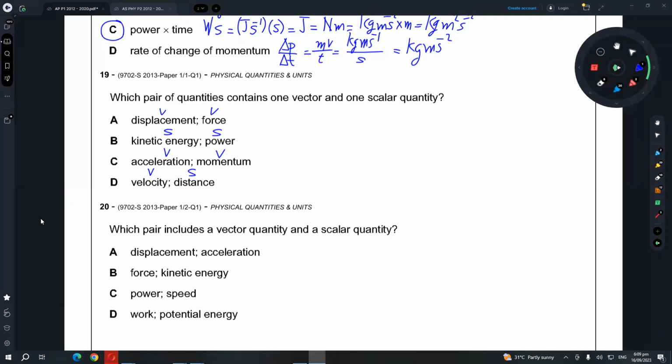Now give the answer for 19. It would be ideal if you are answering a bit early, to write the question number also. One vector and one scalar, question number 19. Okay, majority of people are saying D. Okay, good.